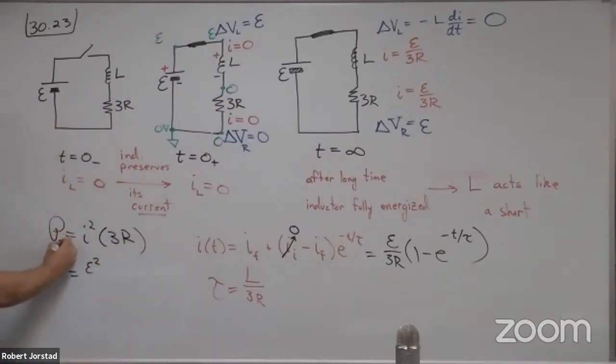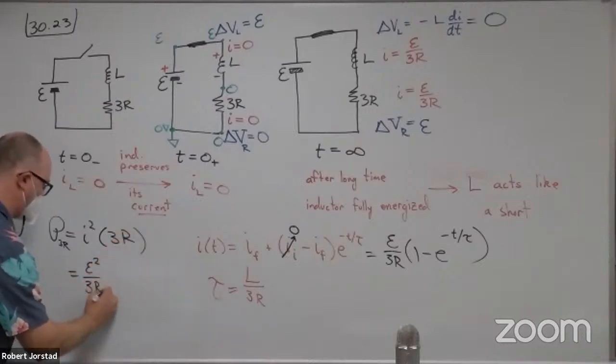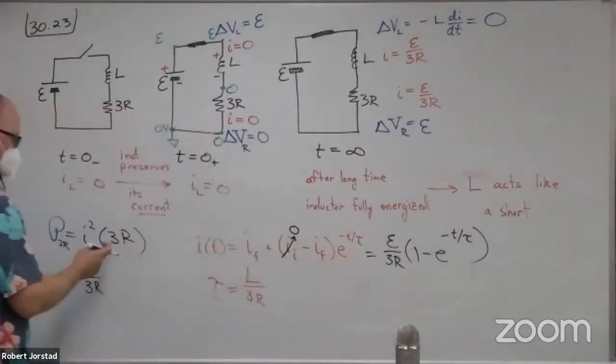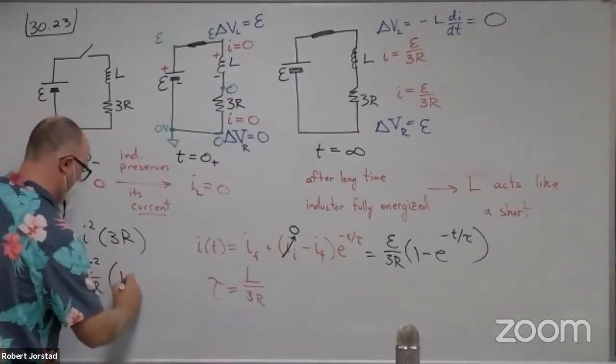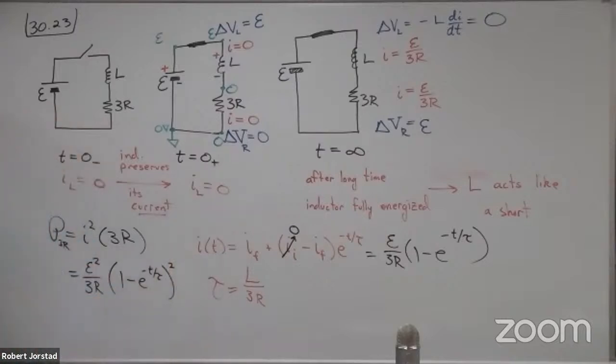The power delivered to a resistor of size 3R is I squared times 3R. Okay, we get E squared over 3R because one of the 3R squareds cancels with this 3R. And then I'm going to get this stupid thing squared. Just write it and don't overthink it.